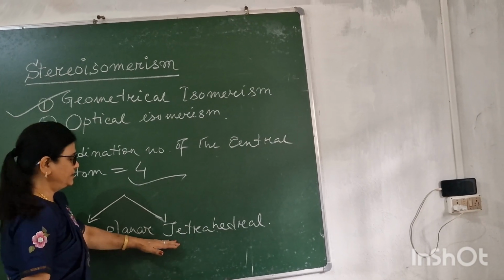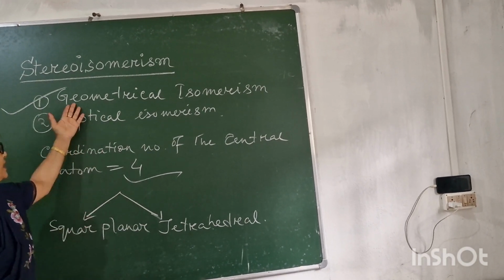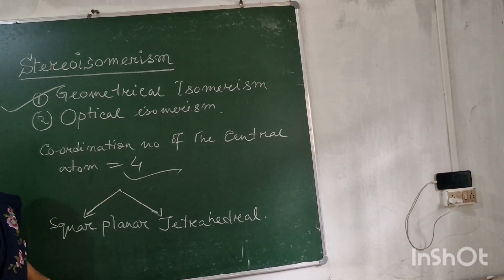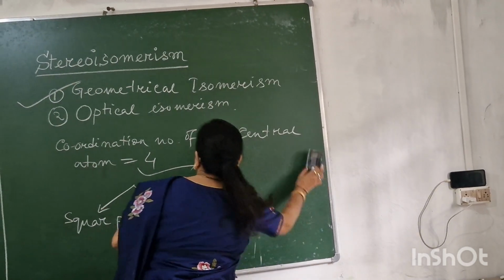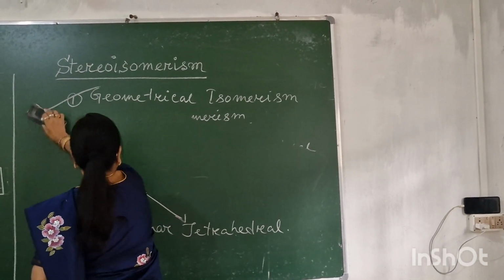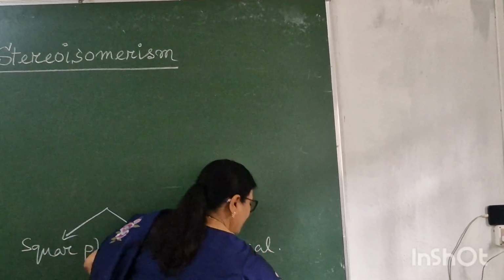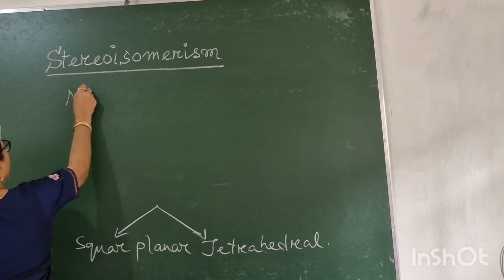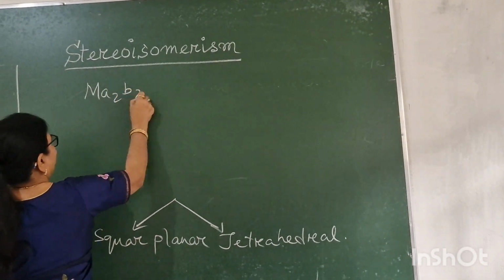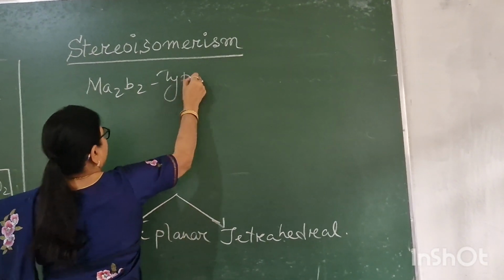But cis-trans geometrical isomers are also called cis-trans isomers. You see, suppose that is an A2B2 type complex.